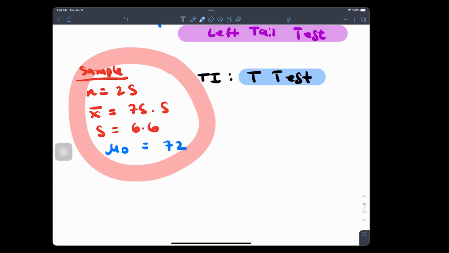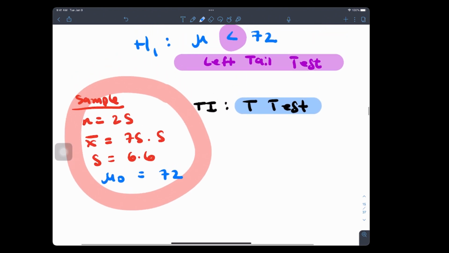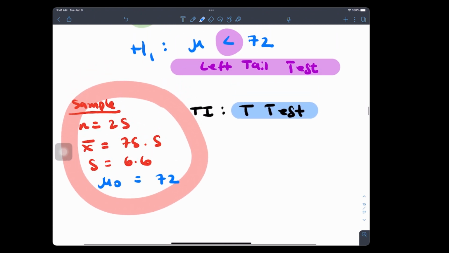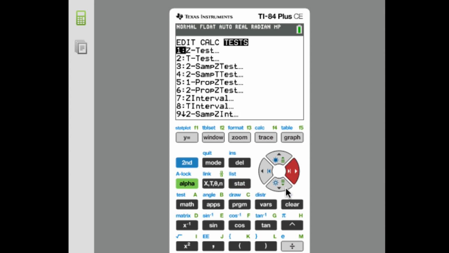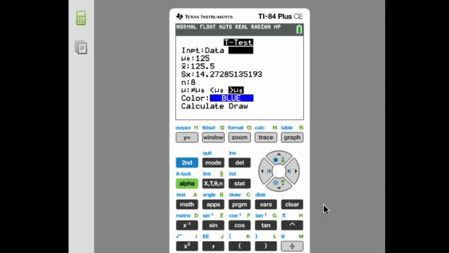Okay, let's get out the TI. You guys ready for the TI now? Looks like we have all the information just staring at us right here. Here we go. Stat, test. Don't go to Z test. Where do you go? T test. So what is that mu naught?